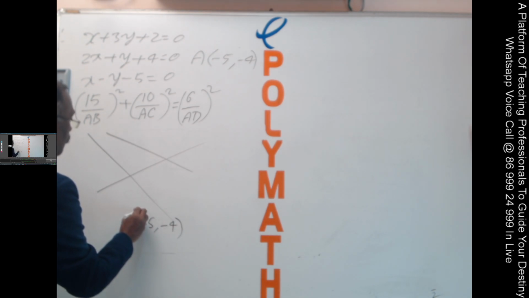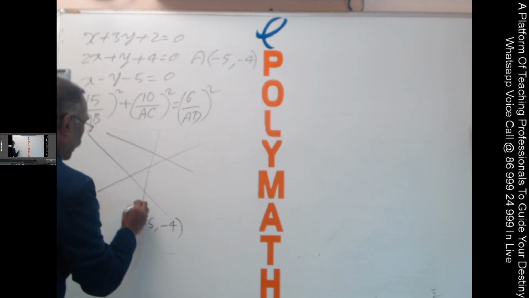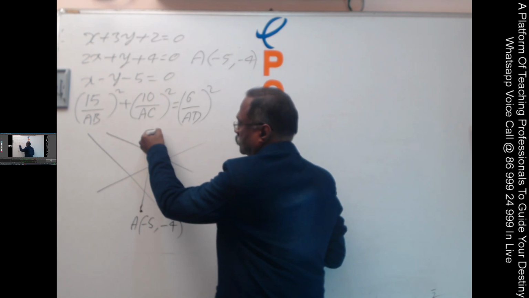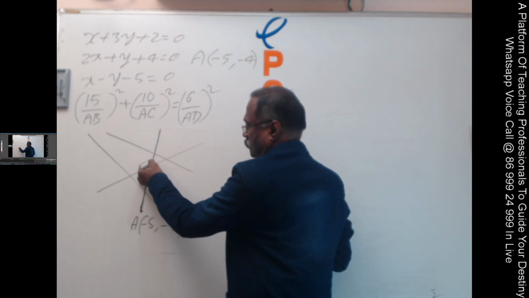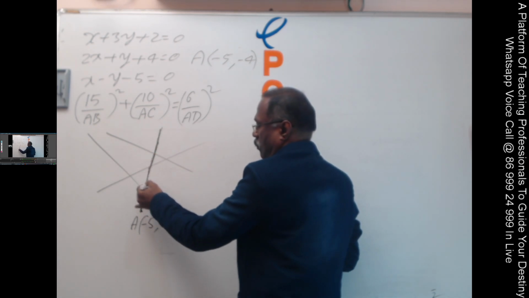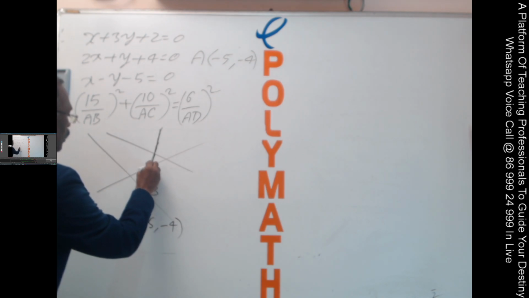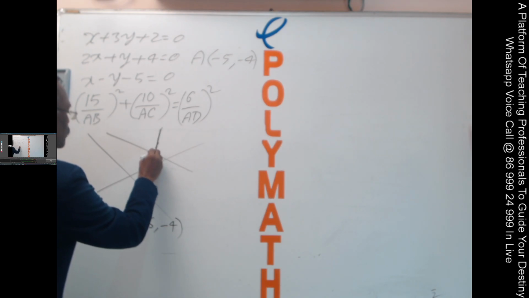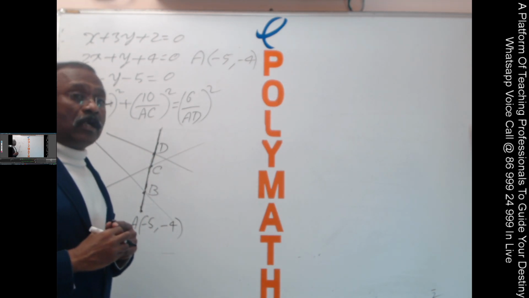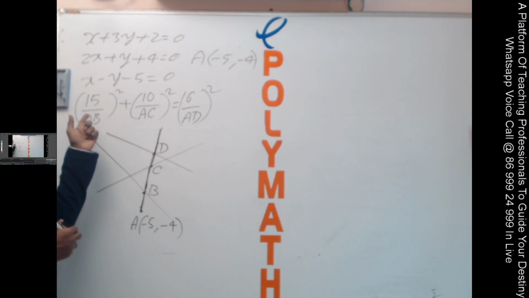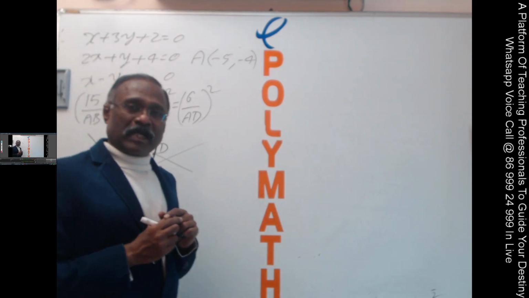And the line passing through A is intersecting these three lines, in B, this is C, and this is D. Now you have to find AB to substitute, AC to substitute, AD to substitute. This is what the question is.